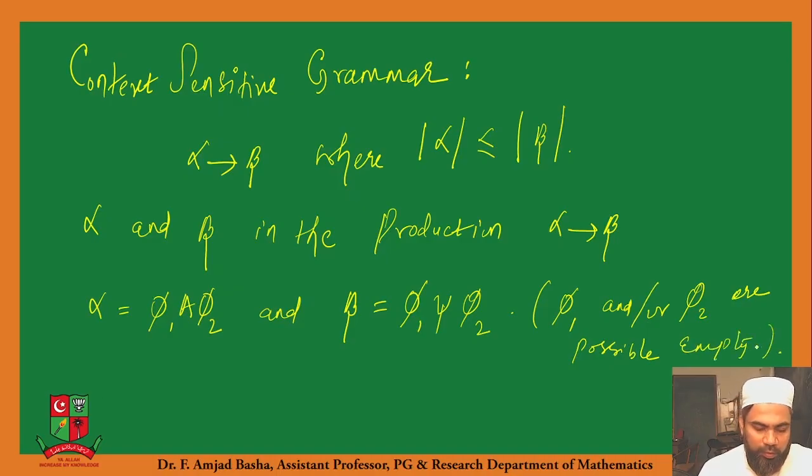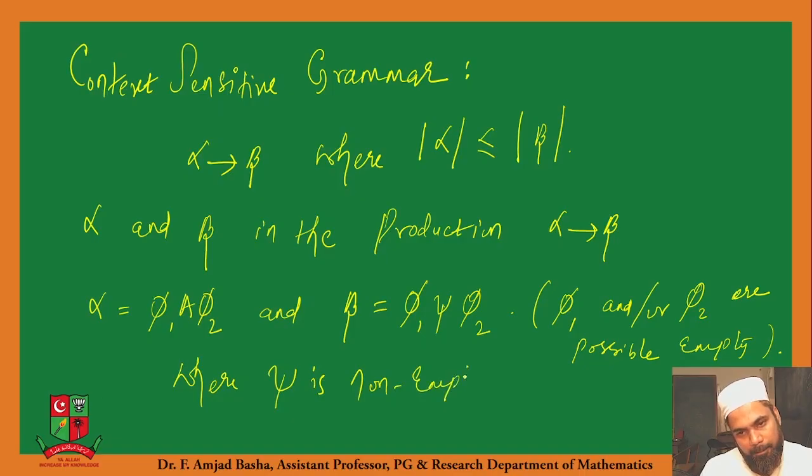In the case of context sensitive grammar, psi is absolutely non-empty. These are the conditions to be satisfied to generate any context sensitive grammar.